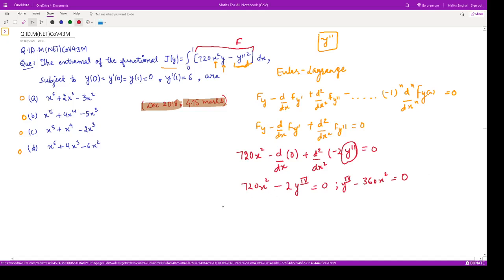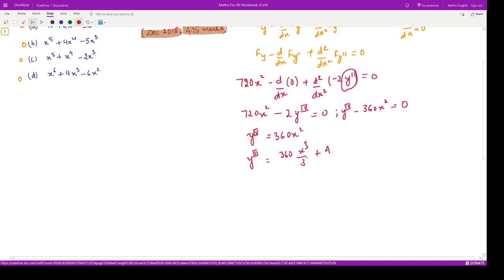So we have to integrate it. We can write it as the fourth derivative of y equal to 360 x squared. Let us integrate this. We have the third derivative of y equal to 360 x cubed by 3 plus a, where a is the constant of integration. So it would simply be 120 x cubed.